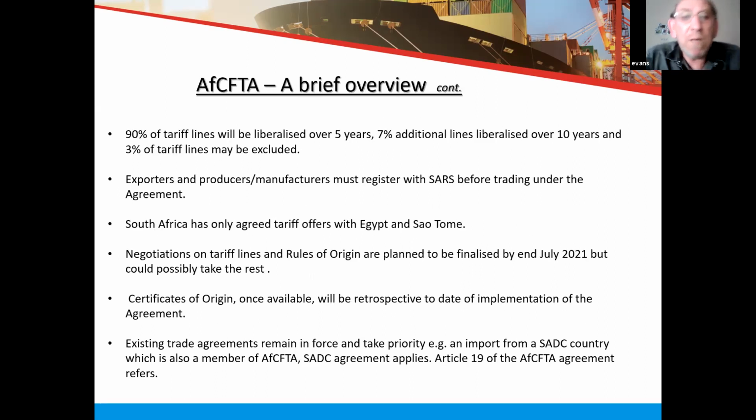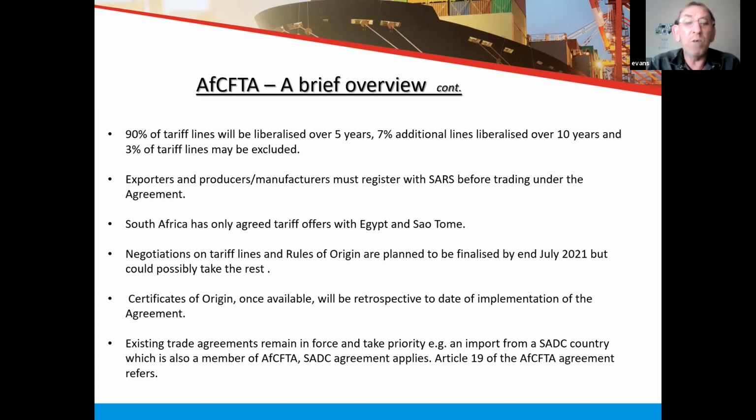So what are some of the important things that we need to know as importers and exporters? As far as this trade agreement goes, 90% of tariff lines will be liberalized over 5 years, 7% additional lines liberalized over 10 years, and 3% of tariff lines may be excluded. So what does that actually mean?